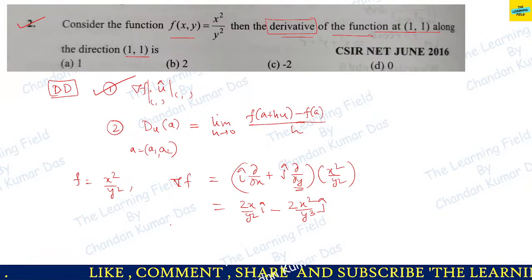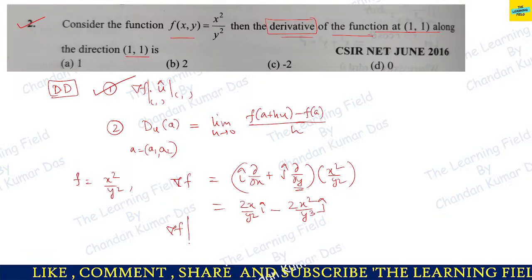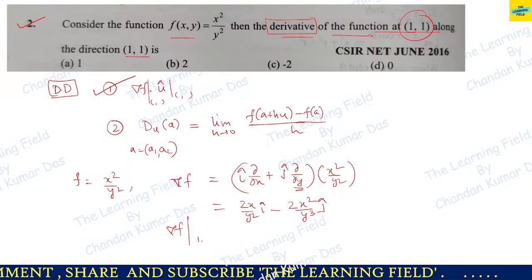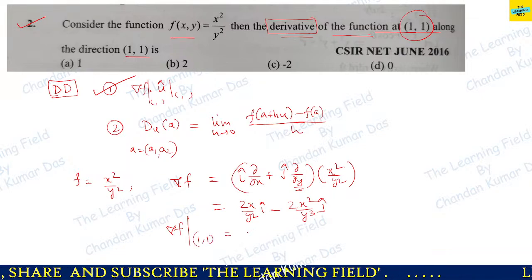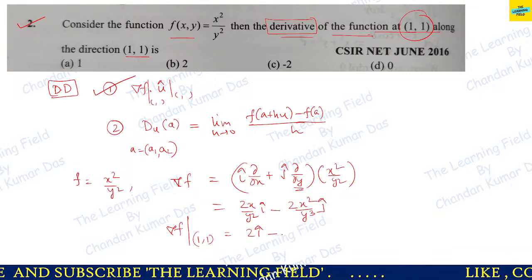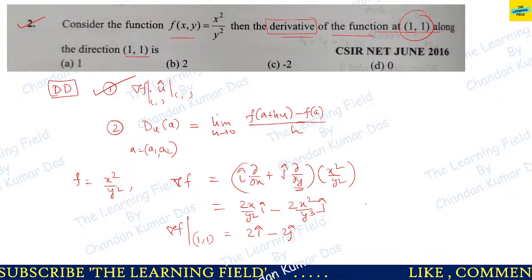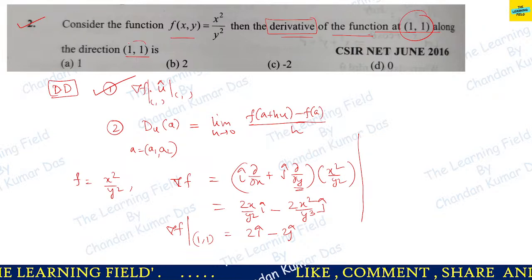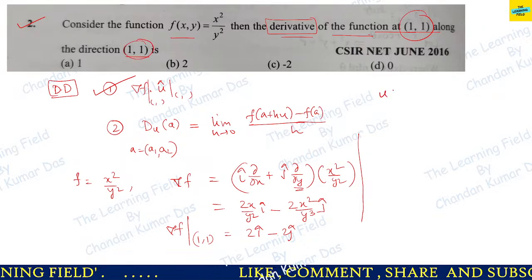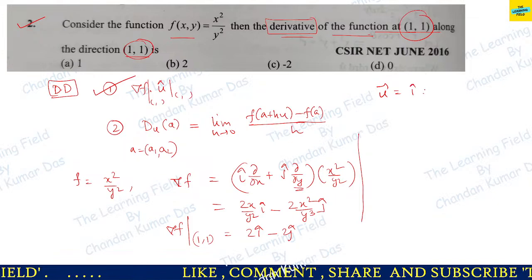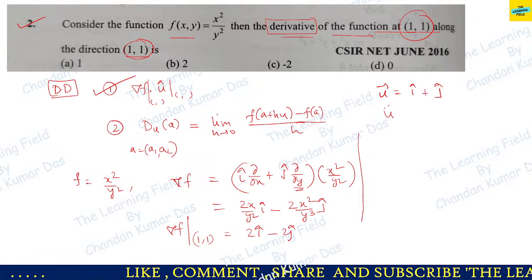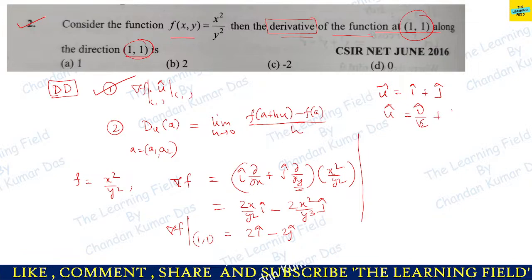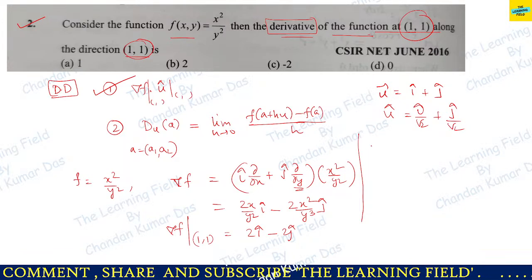Okay, so now grad f at the point, here the point is 1 1. So grad f at 1 1 is equal to simply 2i minus 2j cap. Now we have to find the direction, so this is 1 1, that is the direction vector u is equal to i plus j cap, and we have to find the unit vector, so this is i by root 2 plus j cap by root 2, the unit vector direction.